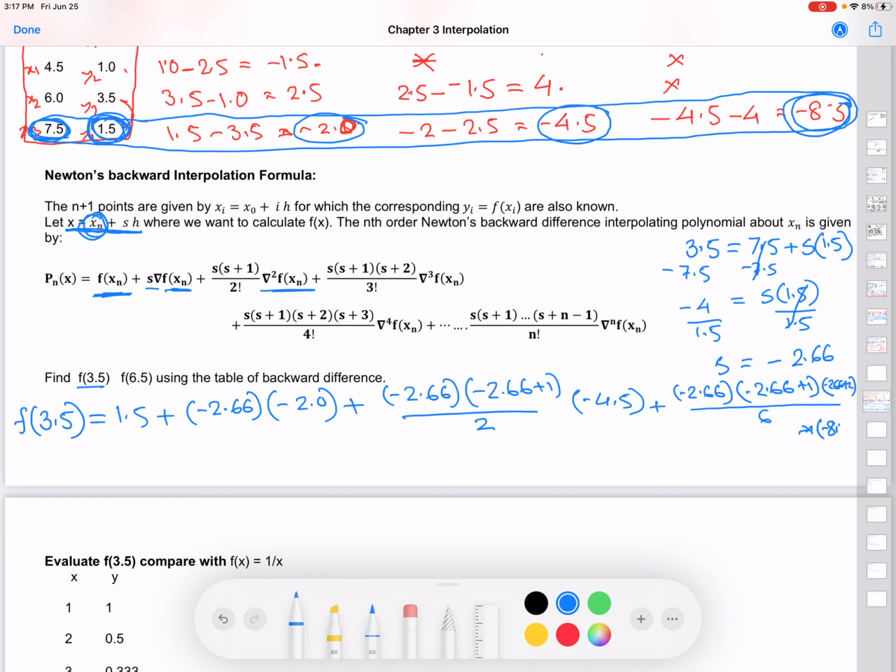Then you just need to plug them into your calculator properly, and that will give you the value of f of 3.5.